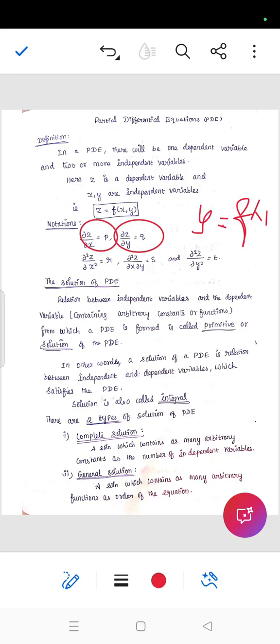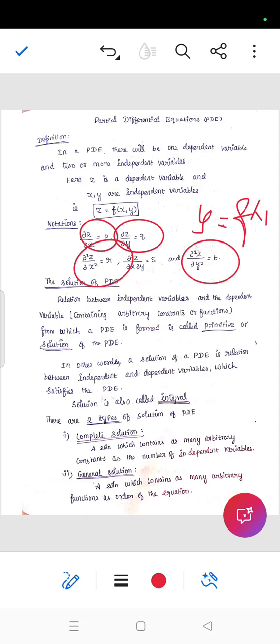If we partially differentiate dou z by dou x again with respect to x, we get dou square z by dou x square equal to r. And if we differentiate dou z by dou y partially with respect to y, we get dou square z by dou y square, given by the variable t.